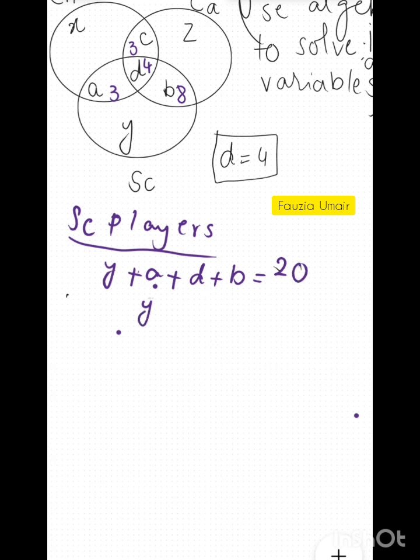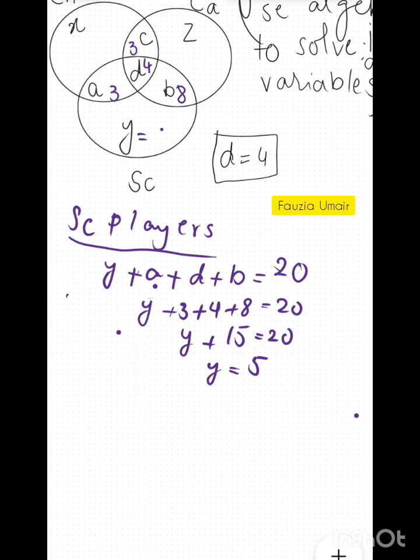So if I put the values, y plus 3 plus 4 plus 8 is equal to 20. So now I can find out y from the simple linear equation. So y plus 15 is equal to 20 and y is equal to 5. So the number of players who play only Scrabble are basically 5.